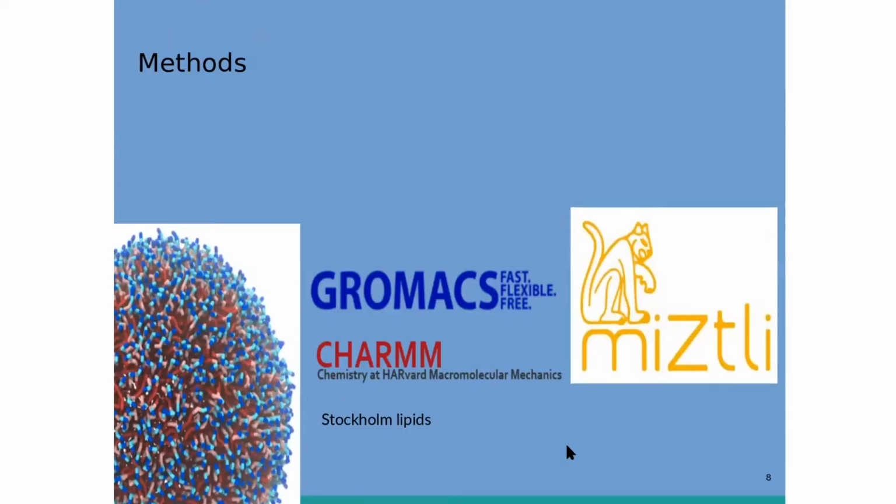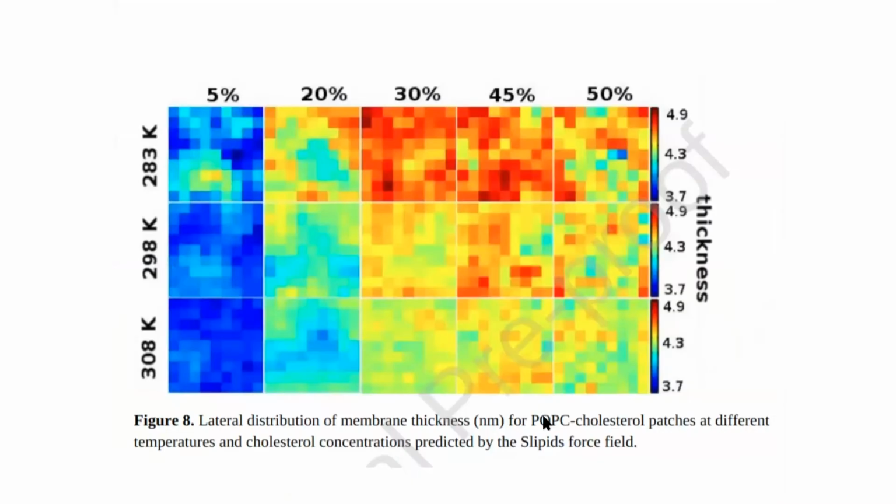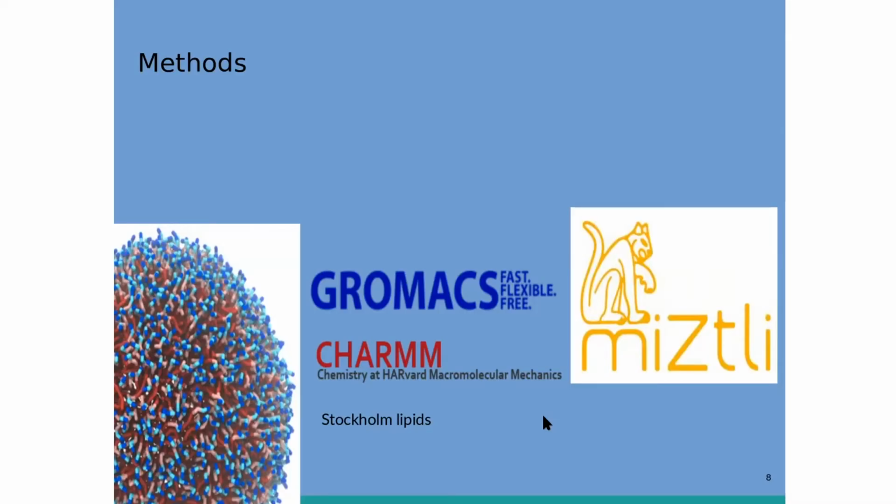One thing that we do very much is molecular dynamics. I am just giving you an idea, using GROMACS, and we use, for instance, lipids from Stockholm. And these are some details of the molecular dynamics.